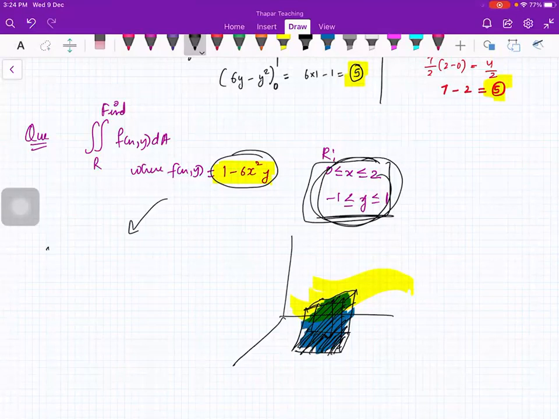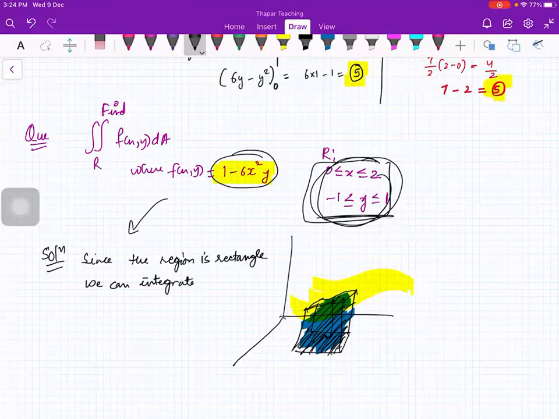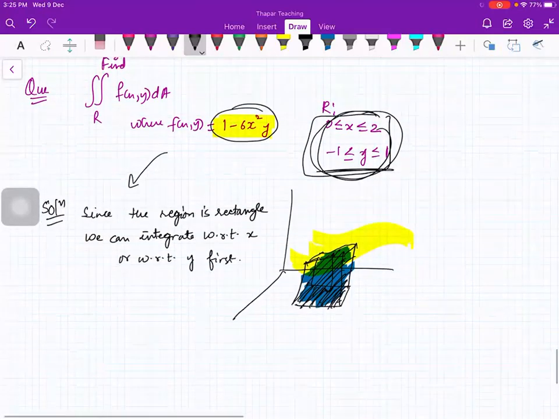Okay, so here write down, since the region is a rectangle, we can integrate, you don't need to write it in exam, I'm just telling you for your understanding, with respect to x or with respect to y first. Sometimes it is easy if you integrate with respect to x or y first. Otherwise, no problem, you can do it any way.